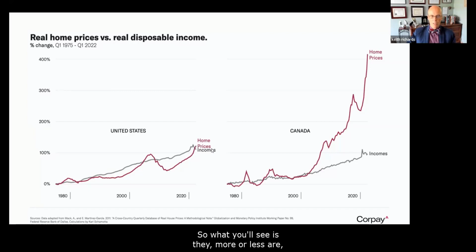So what you'll see is that, especially right now in the States, real estate is pretty much in line. It's a little ahead of the incomes. The incomes are coming down a bit, but it's not parabolic from a price perspective or from a relationship to the income perspective. Not so bad.